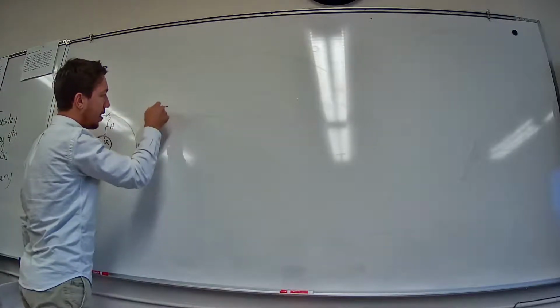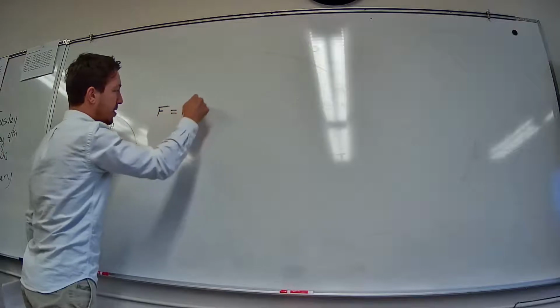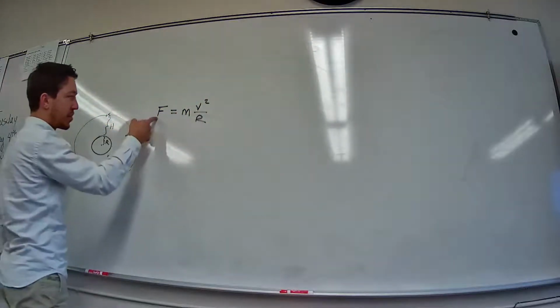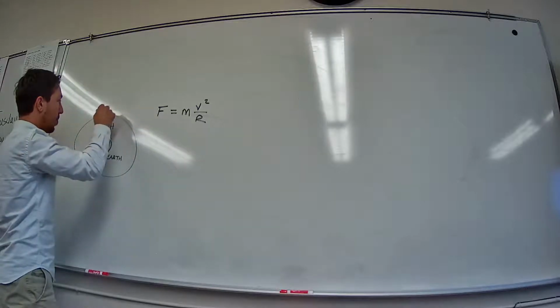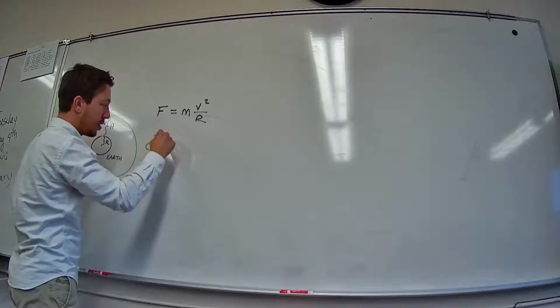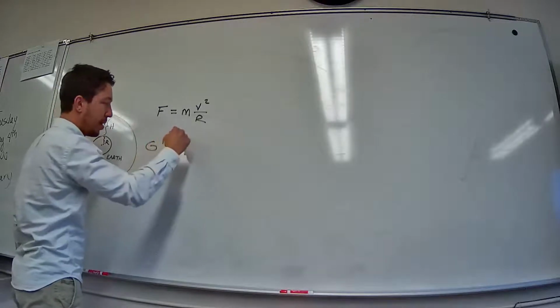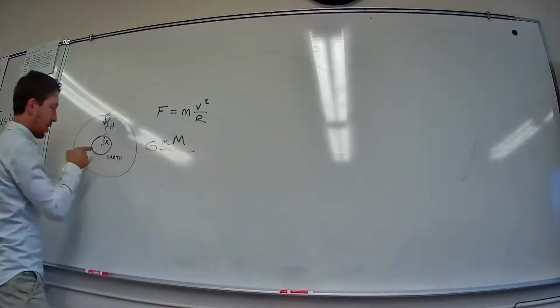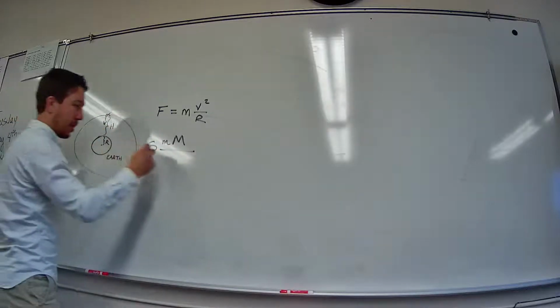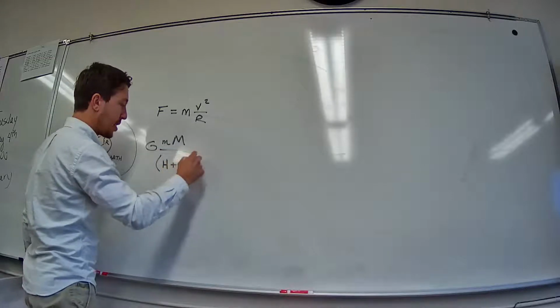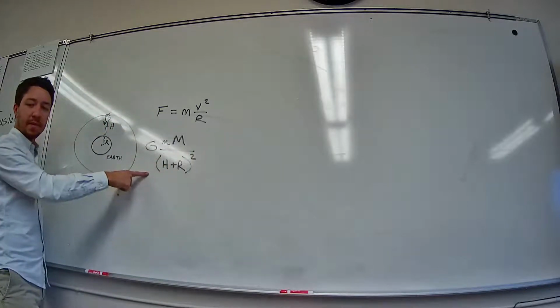We'd say the force is equal to the mass times v squared over r, right? And so the force would be your gravitational force. So G, let's do a little m for the satellite, big M for Earth's mass, over the h plus r squared. Does that make sense from Newton's gravity formula?